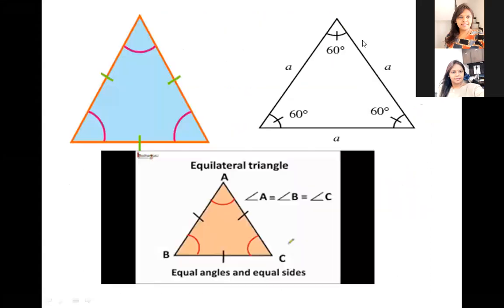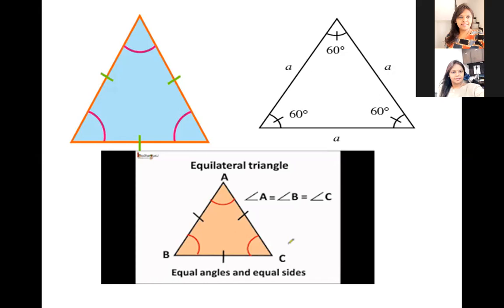Let's move on. There is some figure. Look at the figure. This figure clears your definition. Equilateral triangle means all sides are equal, all angles are equal. If the angles are equal, that means the sum of all angles is 180. 180 divided by 3 is 60.